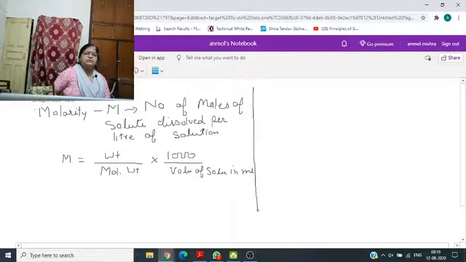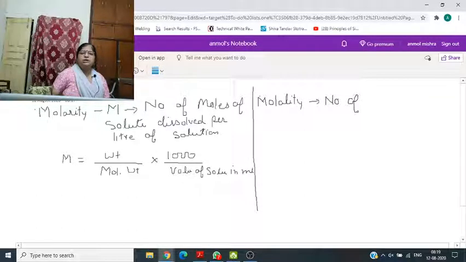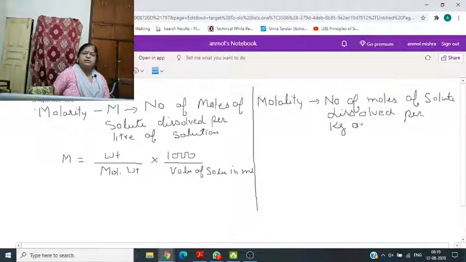Third is the last one: number of moles of solute dissolved per kg of solvent.